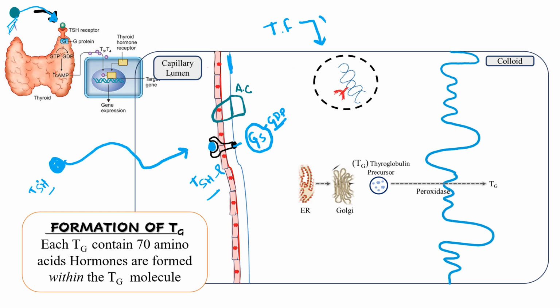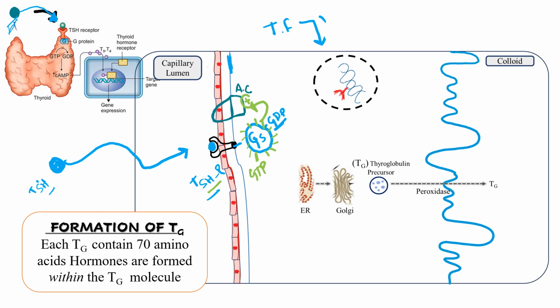Once this binding of TSH with the TSH receptor has occurred, this G stimulatory protein binds to GTP and gets activated.